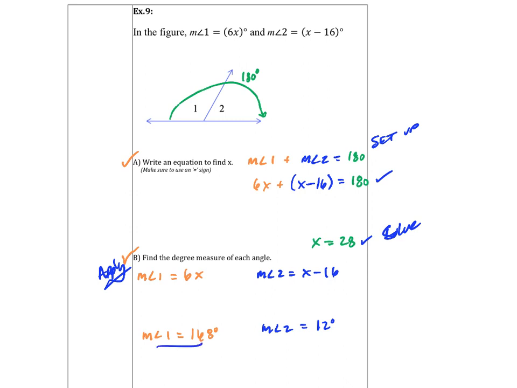So the measure of angle 1 is 168 degrees, and the measure of angle 2 is 12 degrees, and when you add those two together, they come up to be 180 degrees. 168 plus 12 is 180. So when you add those two, they should add up to 180 degrees because this is a straight line, which means it's 180 degrees.